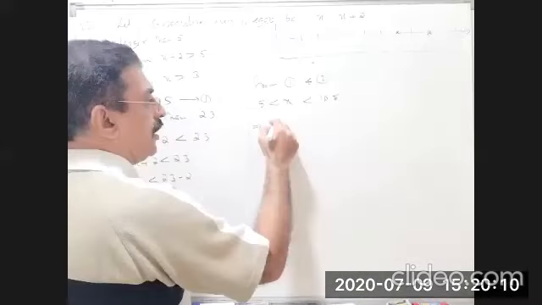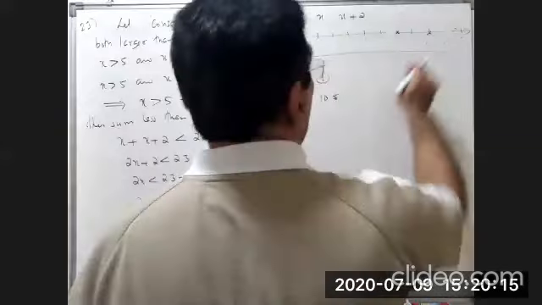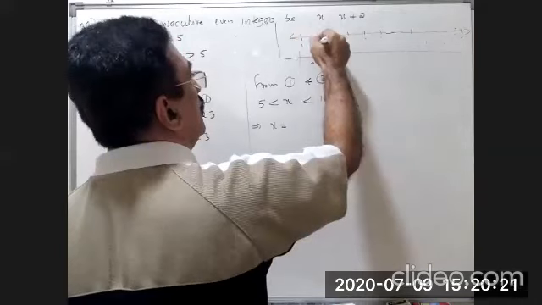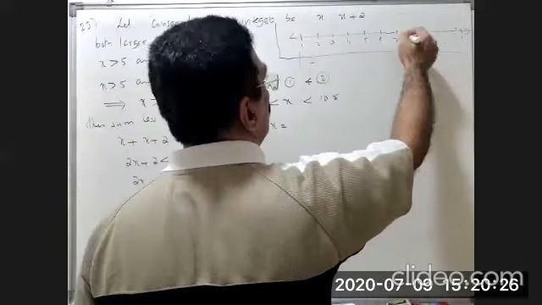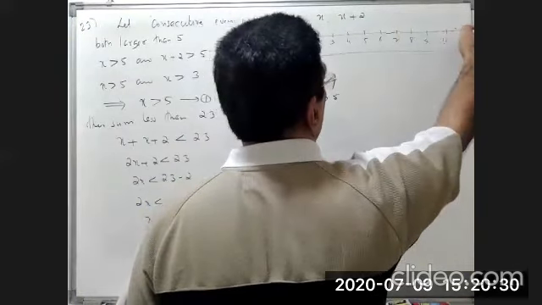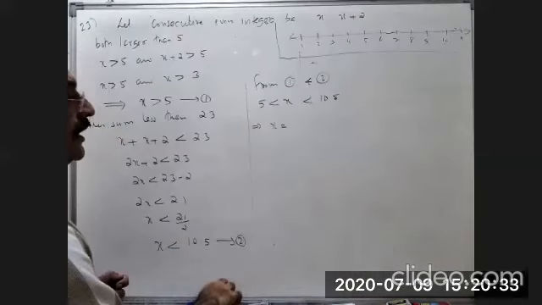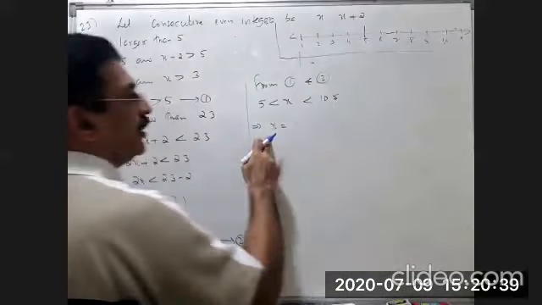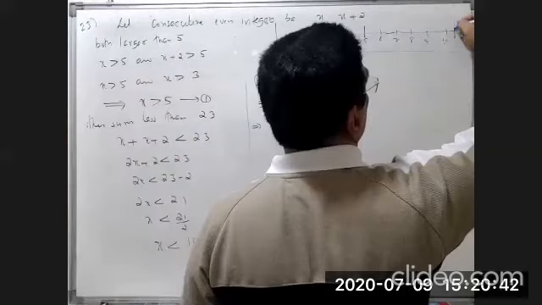Implies, in this case, our x was, if it is 1, 2, 3, 4, 5, 6, 7, 8, 9, 10, 11. See, 5 less than x. x is bigger than 5. So this is 5. 10.5 is between 10 and 11.